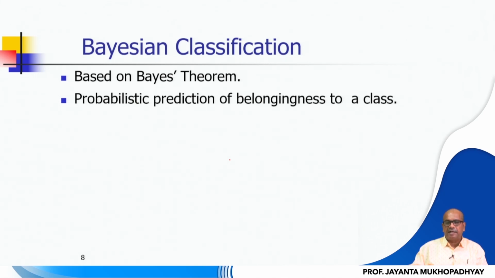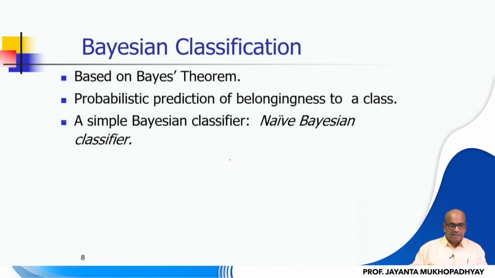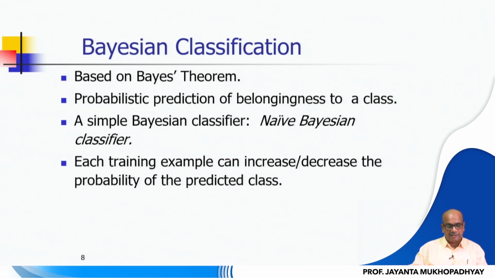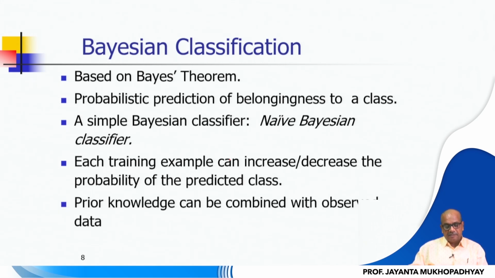What we can do is predict the probability of an object belonging to a class. There is also a simple Bayesian classifier that we will discuss, which we call the naive Bayesian classifier, where each training example can increase or decrease the probability of the predicted class, and prior knowledge can be combined with observed data in this classification.